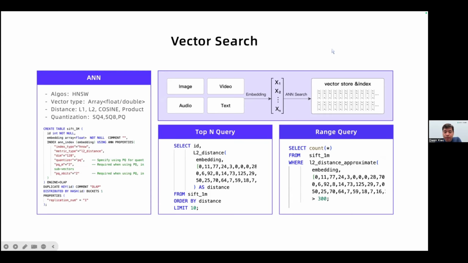Before 4.0, Doris supported vector search by brute-force computing. It's not fast, so in 4.0, vector indexes such as HNSW are supported, and you can do vector search much faster. I think 100 times faster than before.